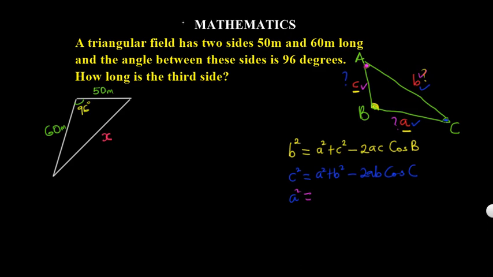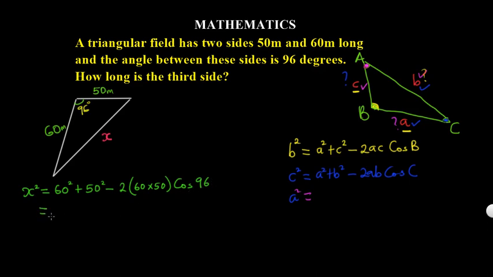Here we are going to use cosine rule, and the cosine rule for this formula says x squared will be equal to 60 squared plus 50 squared minus 2 open bracket 60 times 50 multiplied by the cos of 96 degrees.